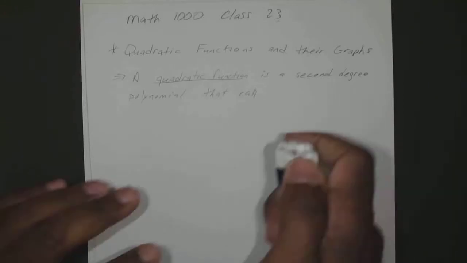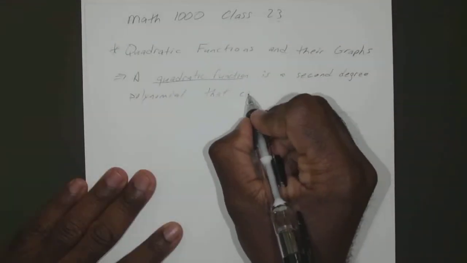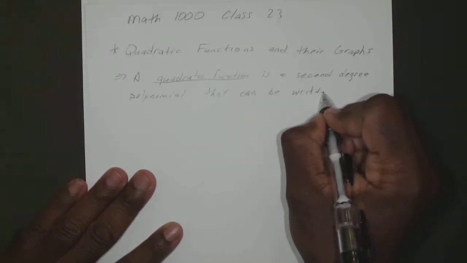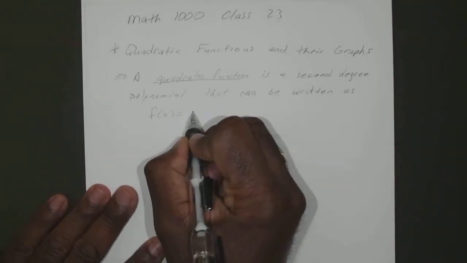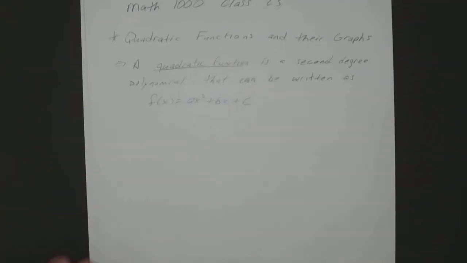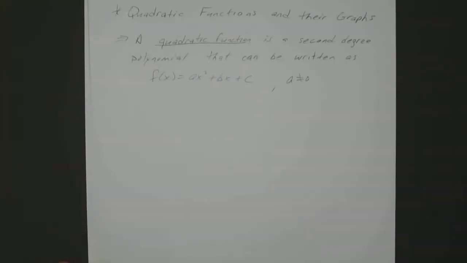That can be written as f of x equals ax squared plus bx plus c, where your a does not equal 0.